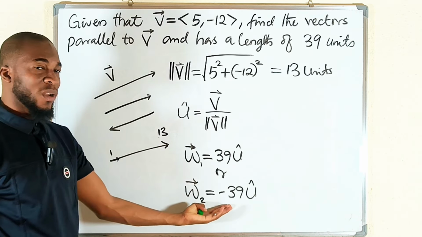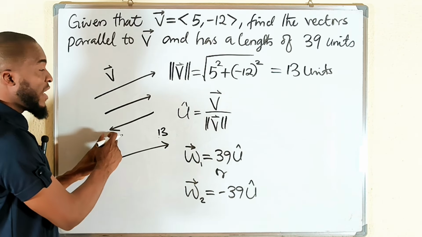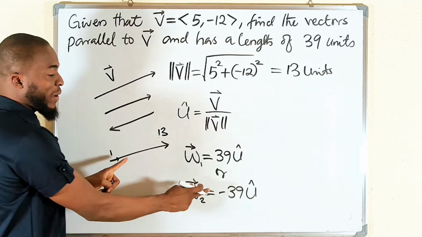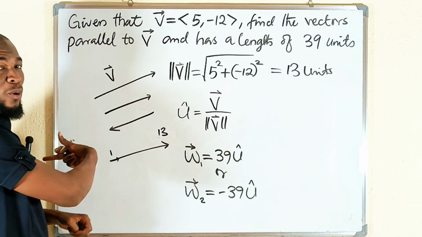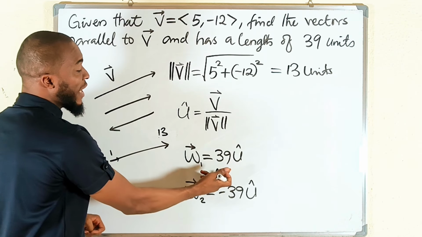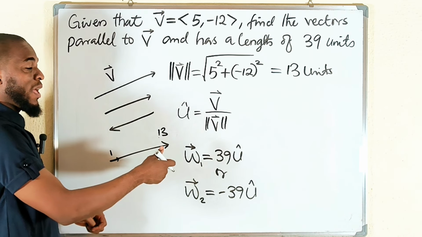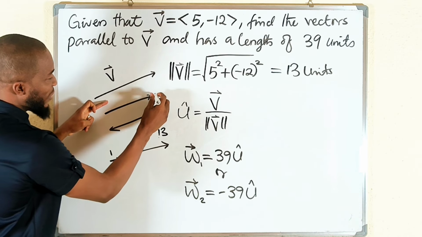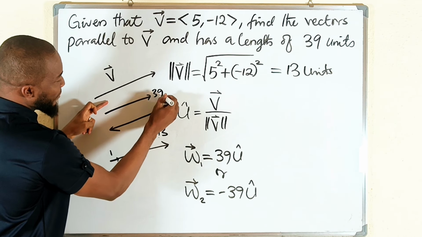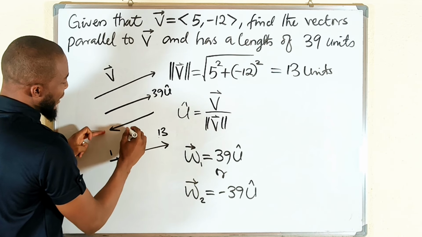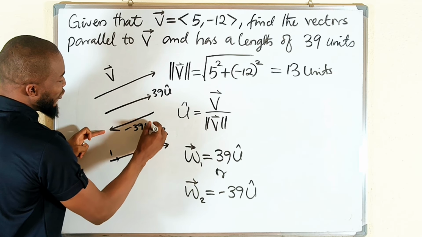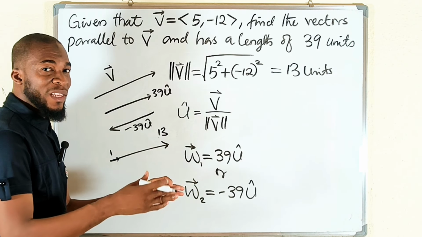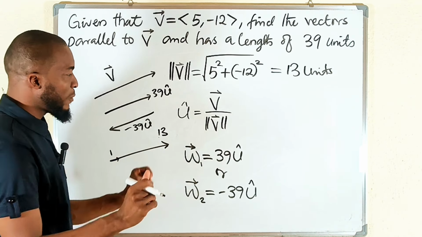Why do we choose this one? Because I told you the direction doesn't matter. If you multiply by negative, it will point towards the opposite direction. And if you leave it like this, it is going to be in the same direction as the original vector. So assuming this is 39u, and this is negative 39u. Remember, by multiplying by negative, we just change the direction.